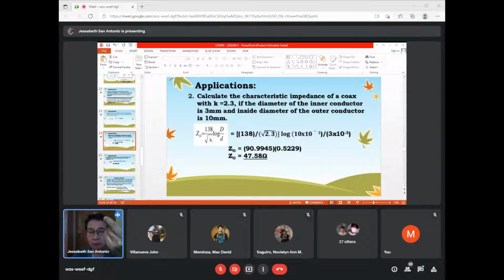There are two kinds, one 75 and one 50 ohms, as you saw when I introduced the different types of transmission media on the first lesson. So 47 is close to the 50 ohms characteristic impedance of coaxial cable, depending on which RG type is used.